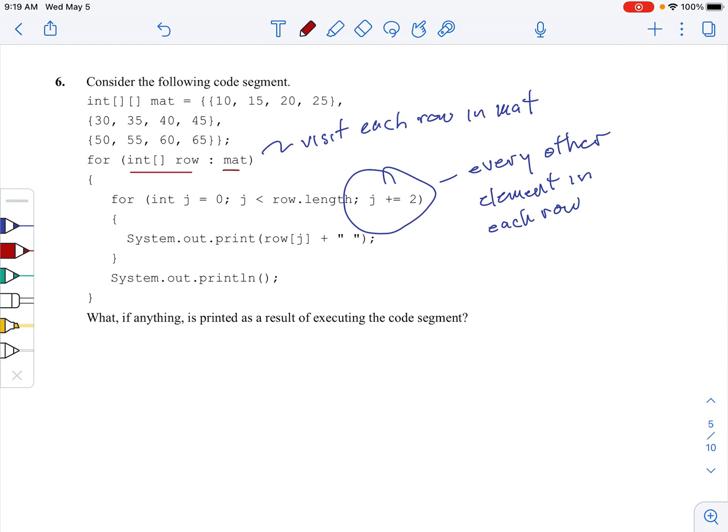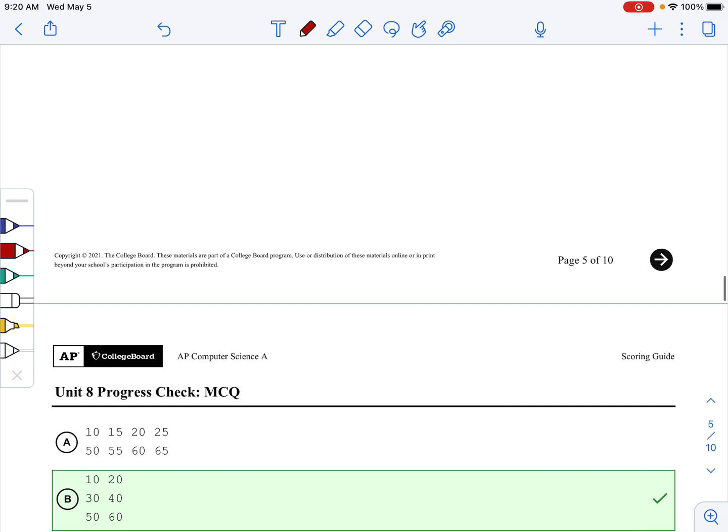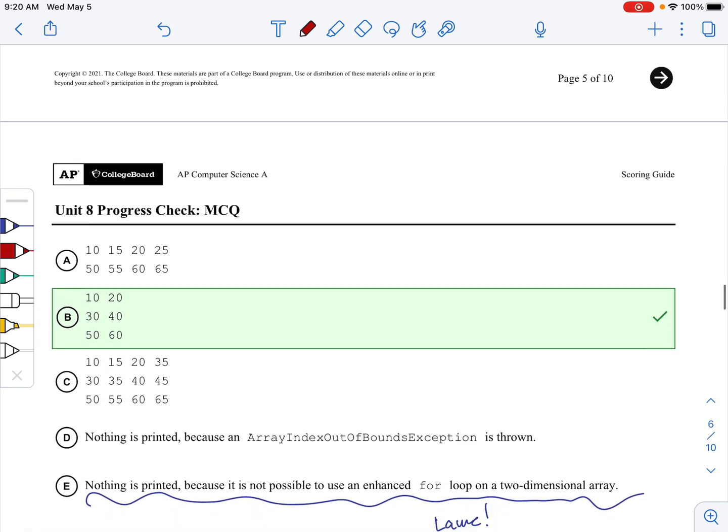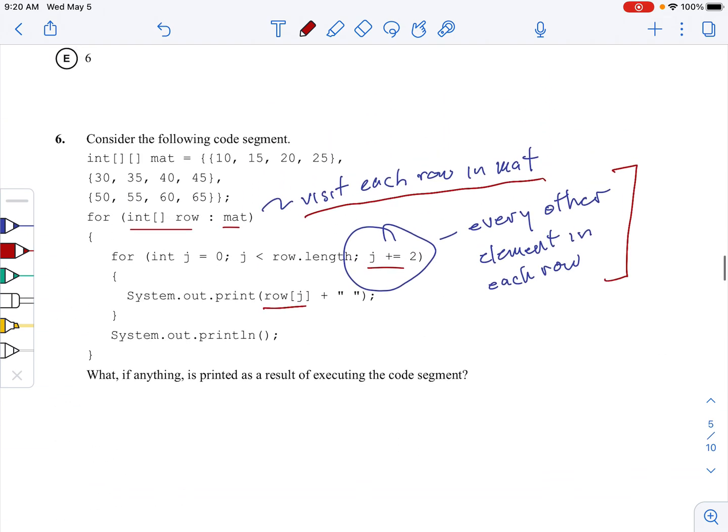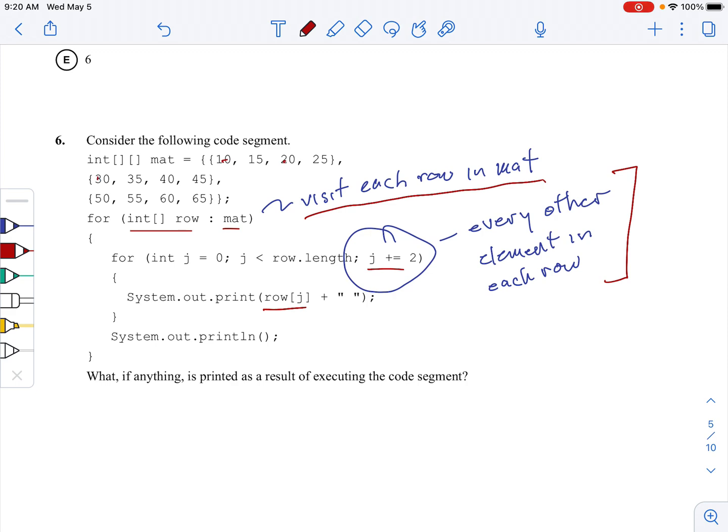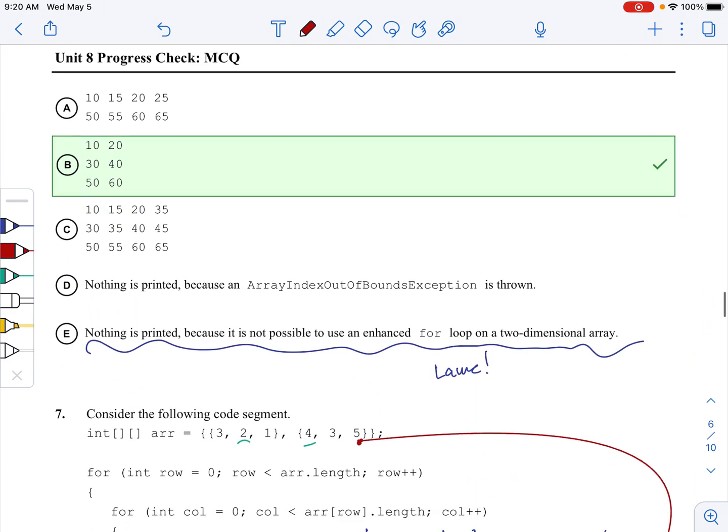So this says visit each row in MAT and tell me every other element in each row and print it out. Okay, every other, because I'm not going J++, I'm going J plus equals 2, which means at 0 and then at 2 and so on. And that means I'm going to get every other, and that's 10, 20, 30, 40, 50, 60. If you look at the row, we got 10, 20, 30, 40, 50, 60. All right, so the answer is B.